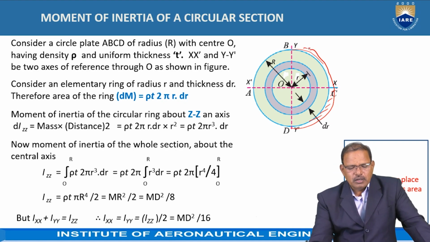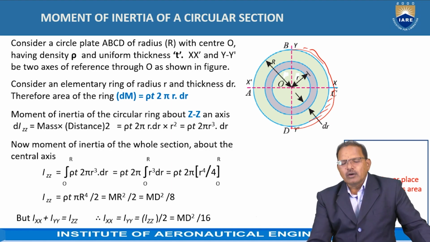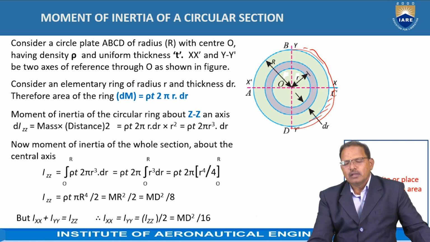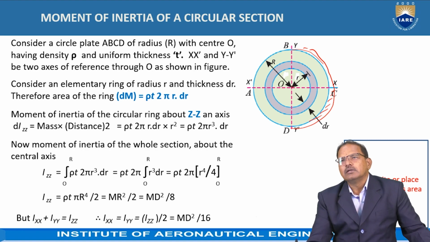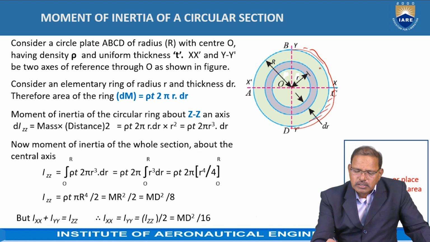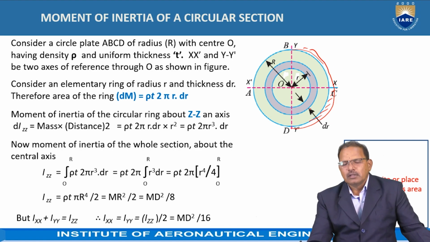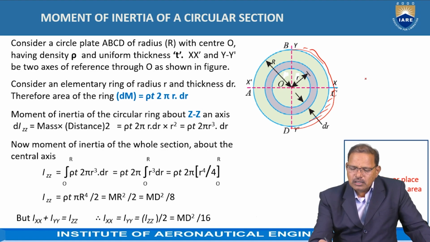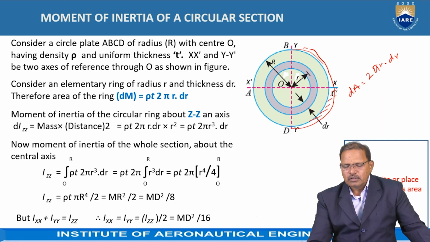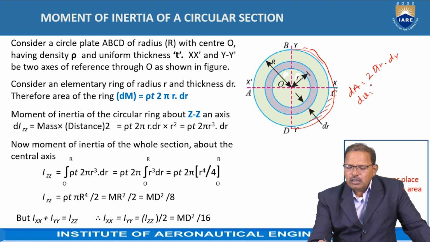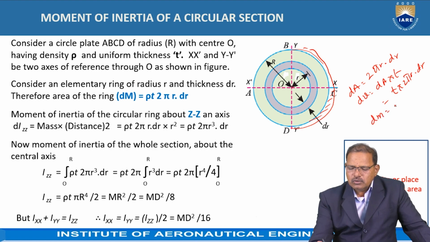Now consider an elementary ring at a distance of r from the center of the circular plate, having thickness dr. The area of the ring is given by 2 pi r into dr, which is dA. The volume dV is area multiplied by the thickness, that is T into 2 pi r dr. So mass dm is equal to rho into T into 2 pi r dr.